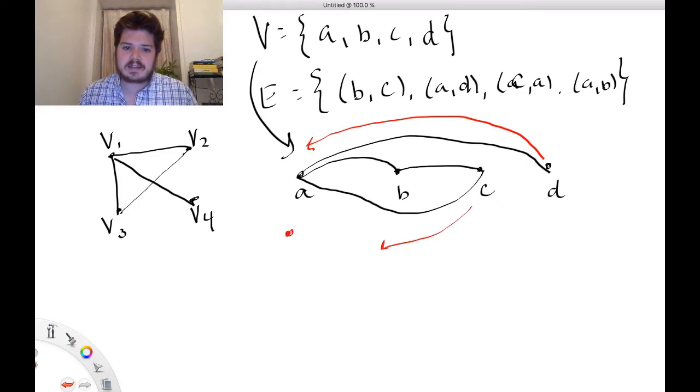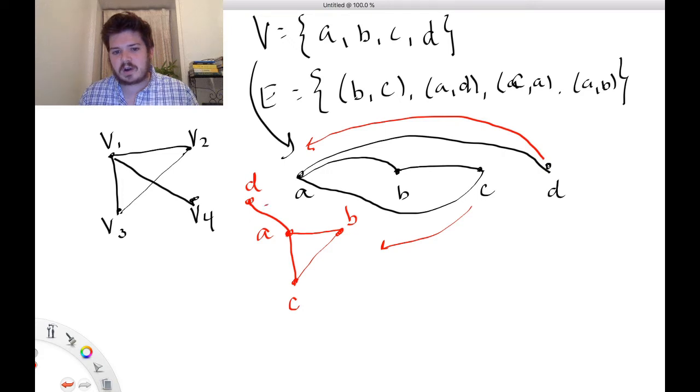So I have A, D. A is still connected to D, A is connected to B, C is over here, these two are connected. And now I'm going to move D, I'm going to wrap it around.